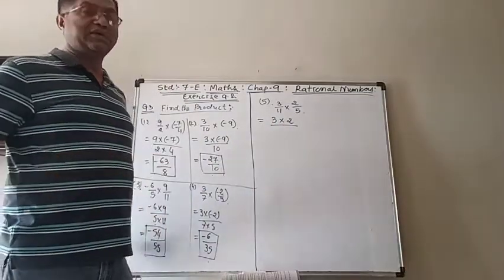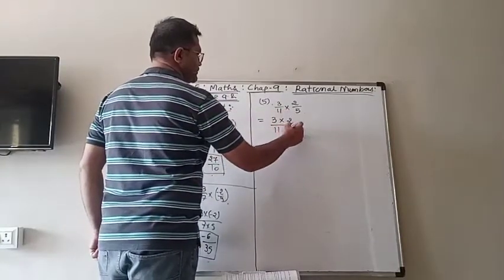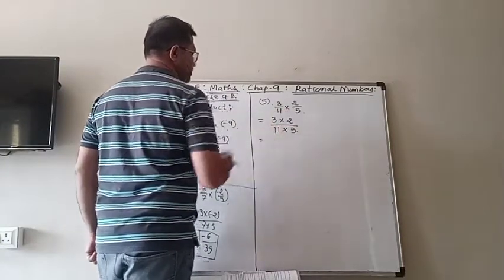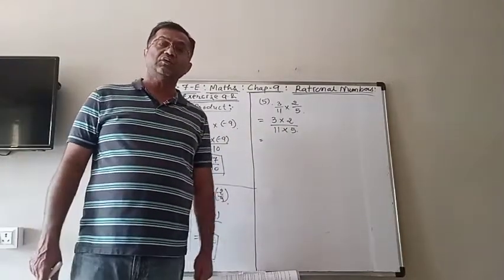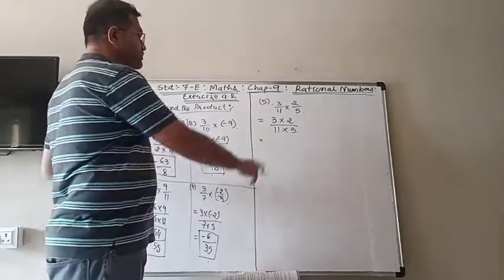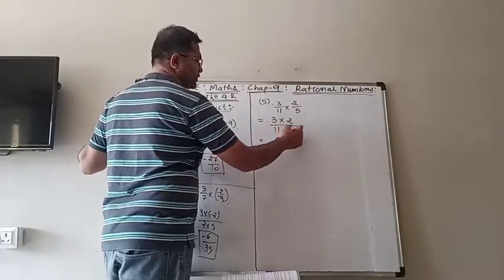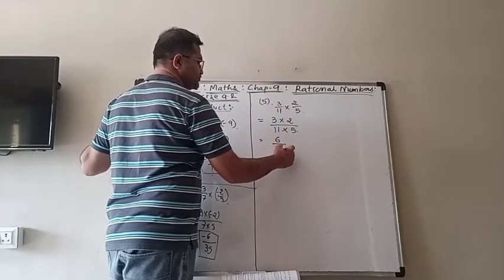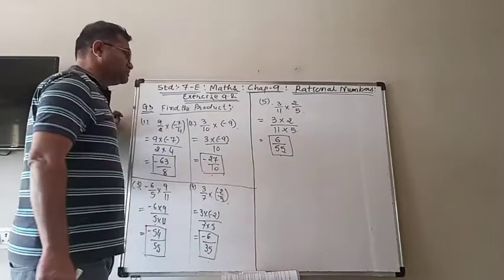And in the denominator 11 and 5 are there, so 11 multiplied by 5 is written in the denominator. So now in the numerator 3 twos are 6 upon 11 fives are 55. That is the final answer of it.